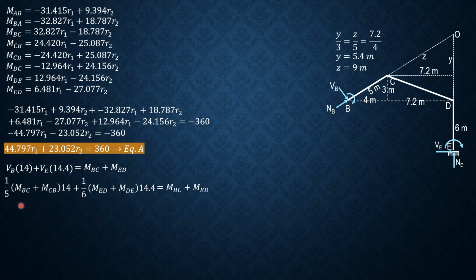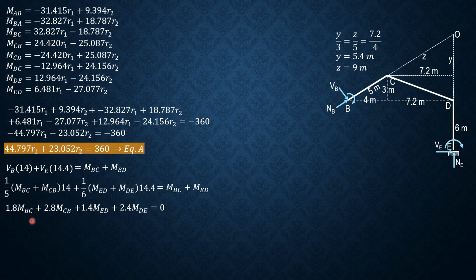Since 14 over 5 is 2.8, 2.8 MBC minus MBC, so we have 1.8 MBC plus 2.8 MCB. Then 14.4 over 6 is 2.4. 2.4 MED minus MED is 1.4 MED, plus 2.4 MDE equals 0.